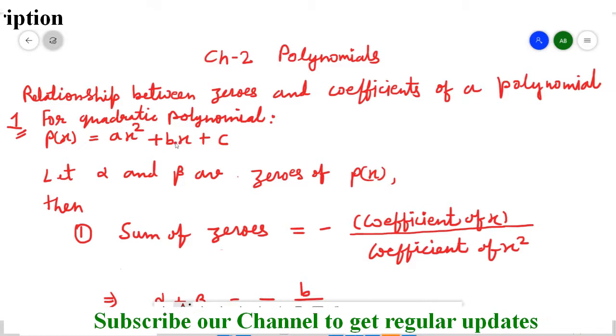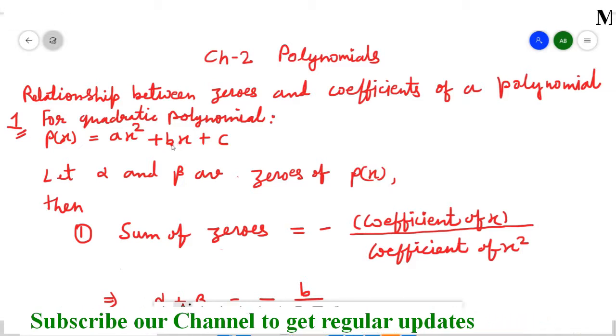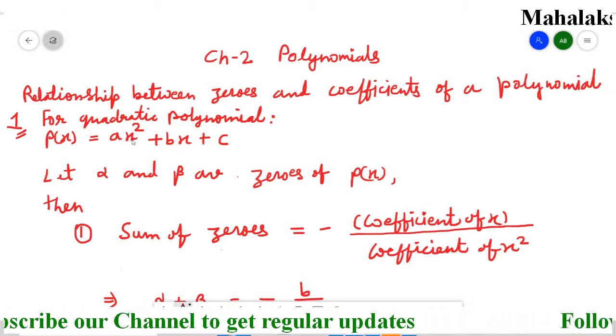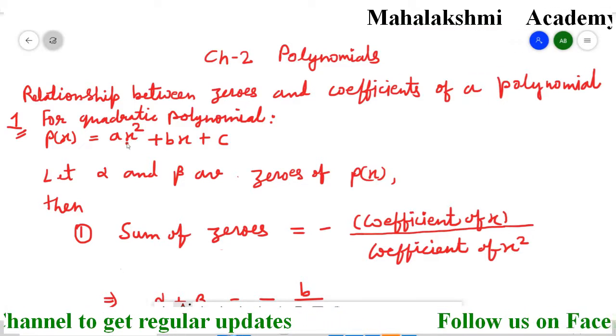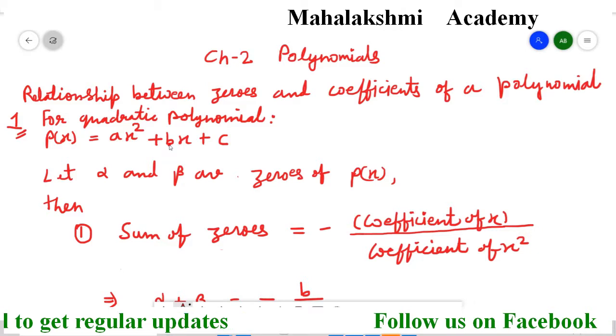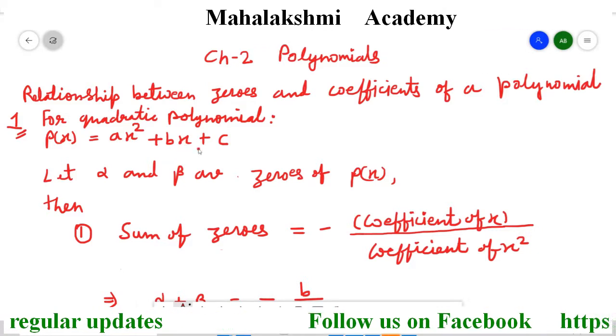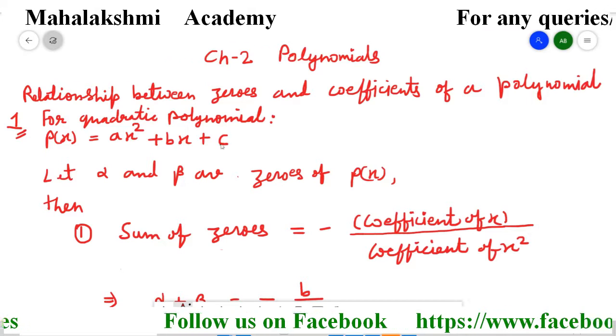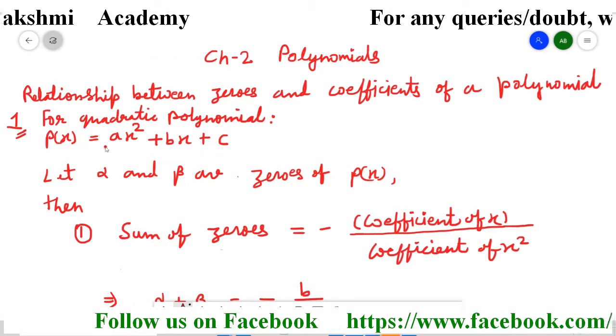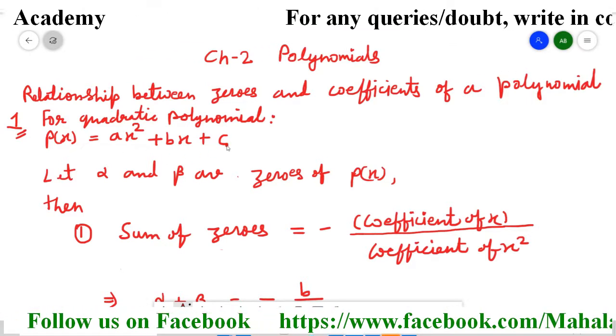Here b is with x, so b is named the coefficient. a is with x squared, so a is also a coefficient. a is the coefficient of x squared, b is the coefficient of x. Now c doesn't have any variable, so c is named the constant. So in this polynomial, the constant term is only c.